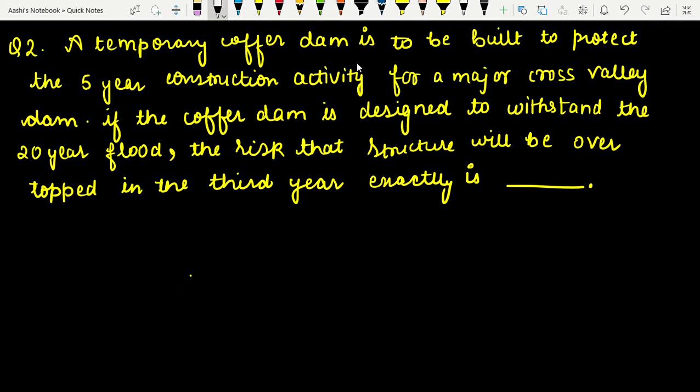If the coffer dam is designed to withstand the 20-year flood, what is the risk that the structure will be overtopped in the third year exactly?